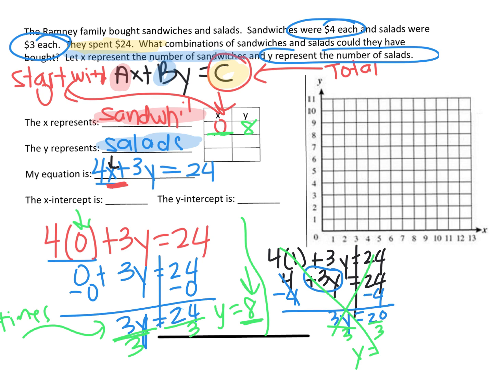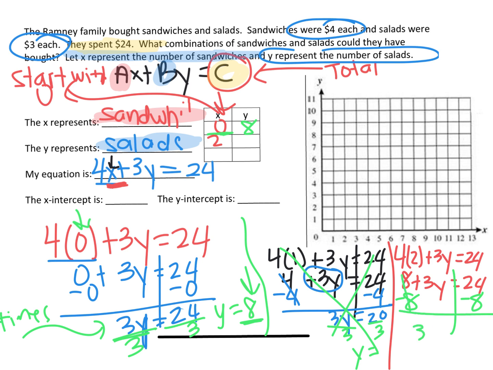Now let me try 2. In place of X, I am now putting 2. And I'm going to see if it works. 4 times 2 is 8. 8 plus 3Y equals 24. Now I'm going to minus 8.